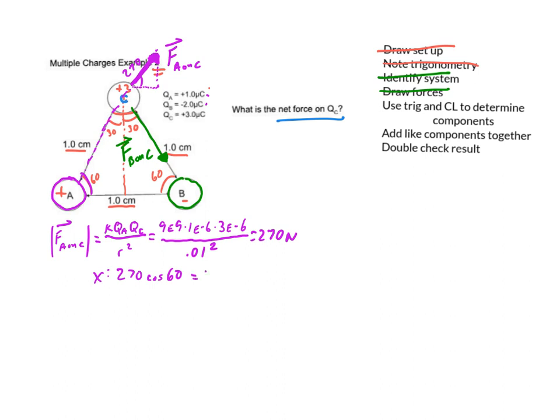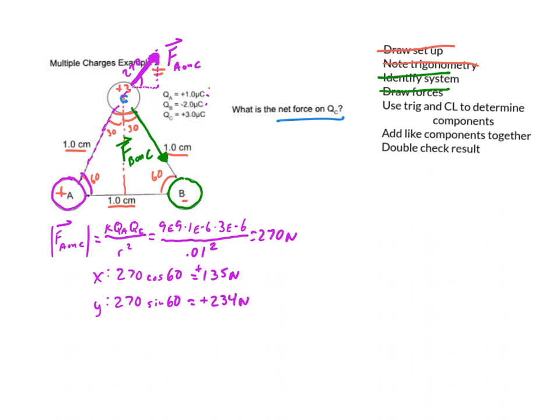Gives me 135 newtons, and that's to the right. And the y part is going to be 270 sine of 60, which is a bit of a messy number, but I'm going to round it to positive because it's upwards, 234 newtons.